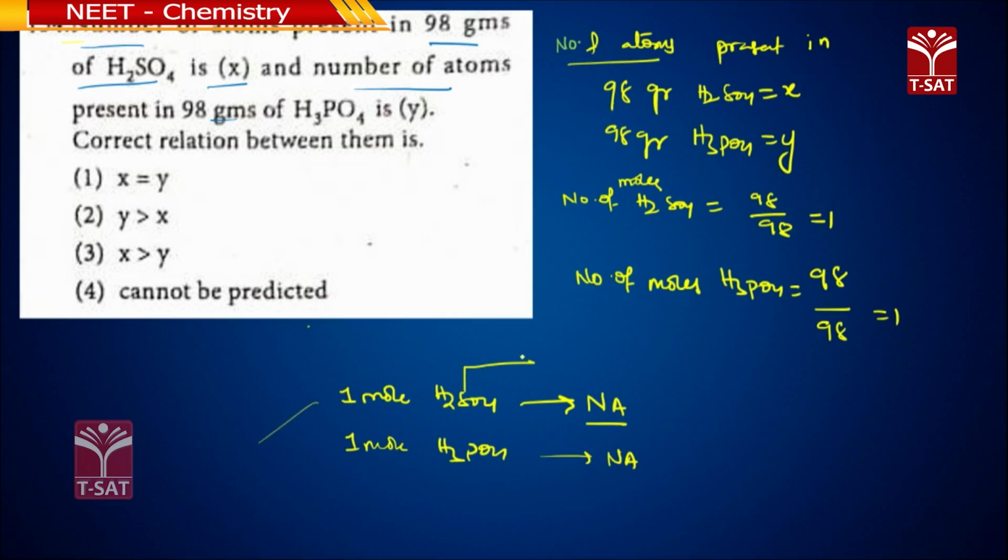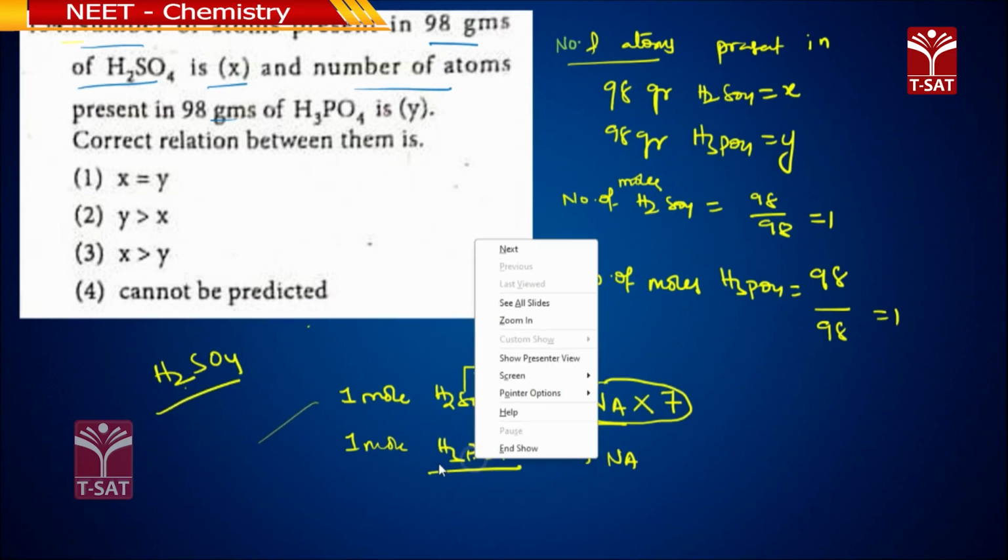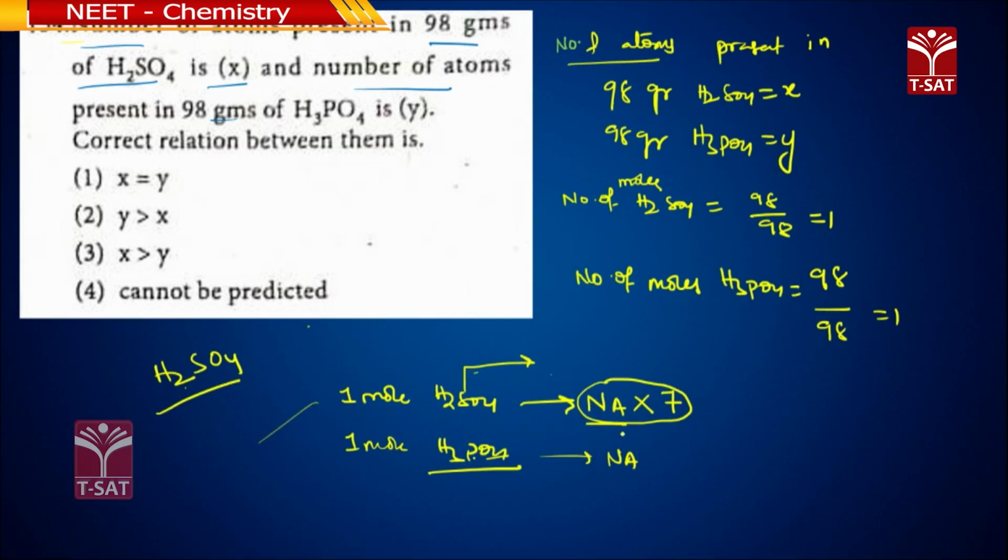But 1 molecule of H2SO4 you have, H2SO4 means 2 hydrogens, 1 sulfur, 4 oxygen. Total you have how many? 2, 4 plus 2, 6 plus 1, 7. 7 atoms you have. 1 molecule, 7 atoms means Avogadro number of molecules means Avogadro into 7. In H3PO4 how many atoms you have? 4 oxygens plus 1 phosphorus 5 plus 3 hydrogens, total 8.